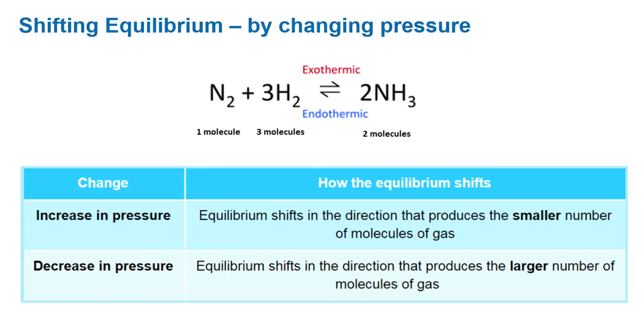That means the reaction moves towards the side with fewer molecules, that is the product side, to form more ammonia. If we decrease the pressure, the reaction moves towards the side with more molecules, that is the backward reaction, to produce more nitrogen and hydrogen.